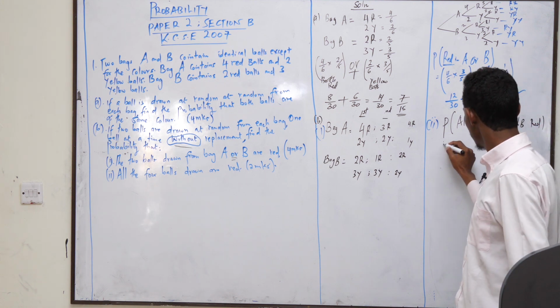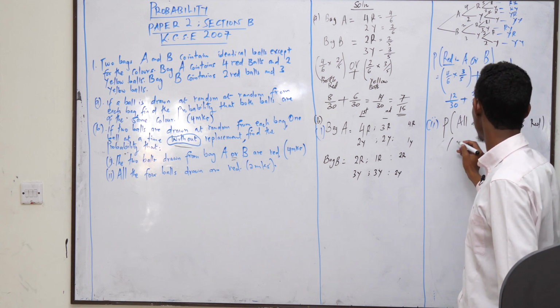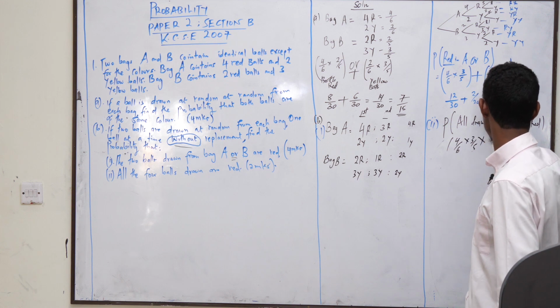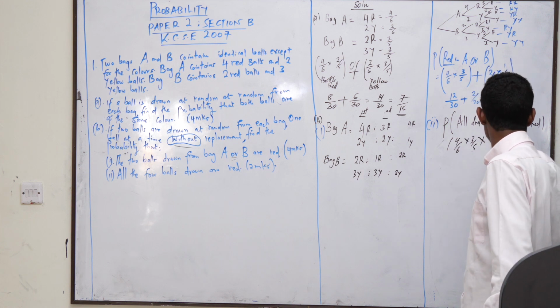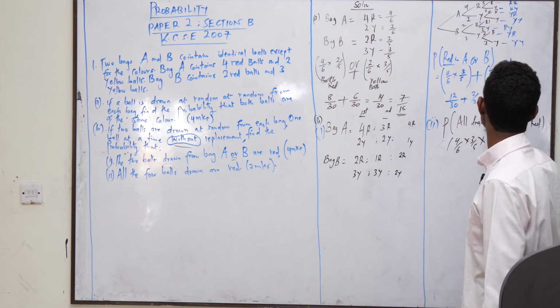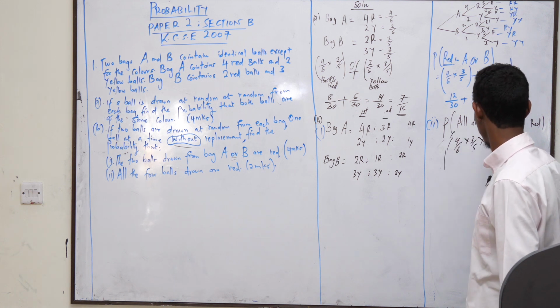That means probability will be, now you multiply everything, 4 over 6 times 3 over 5. Now times, instead of addition, because you're using and, we use multiplication. Times 2 over 5 times 1 out of 4. Now close it.